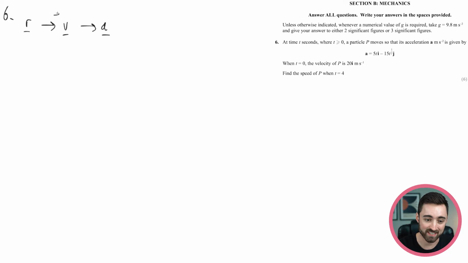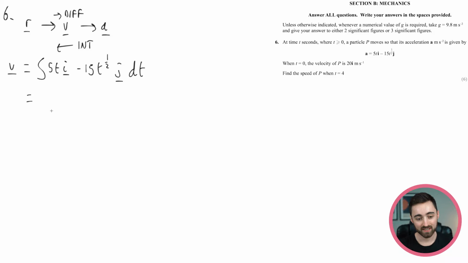So this way is differentiation, which means this way is integration, right? So if I have acceleration and want velocity, I need to integrate. In other words, the velocity is going to be the integral of my acceleration. So it's going to be the integral of 5t i minus 15t to the half j dt.